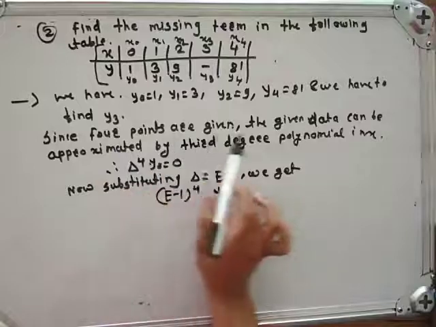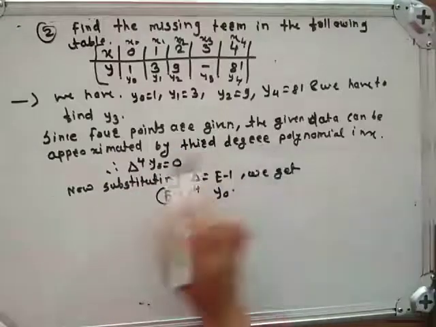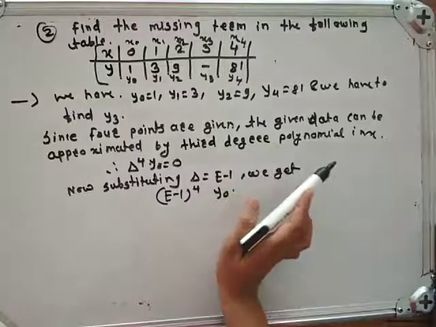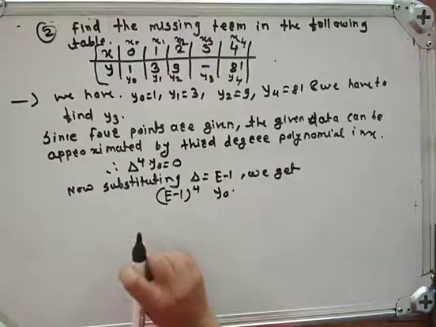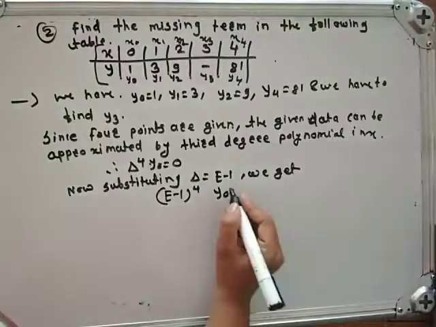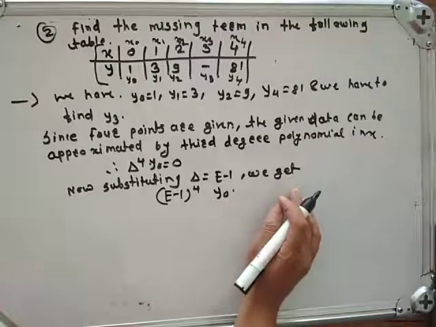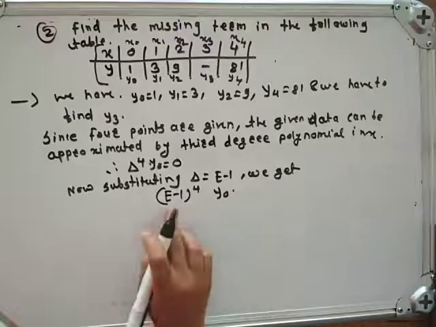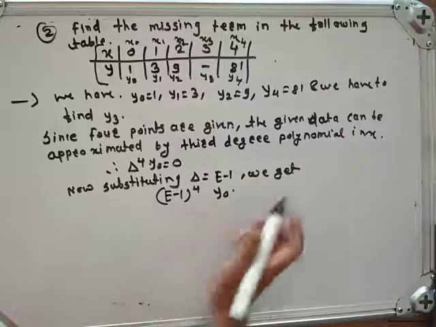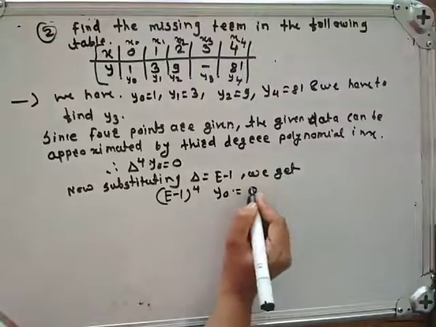Here you have given 4 points. So the given data can be approximated by a third degree polynomial in x, and therefore delta raised to 4 y0 is equal to 0. Substitute delta is equal to e minus 1. We will get e minus 1 raised to 4 of y0 is equal to 0.